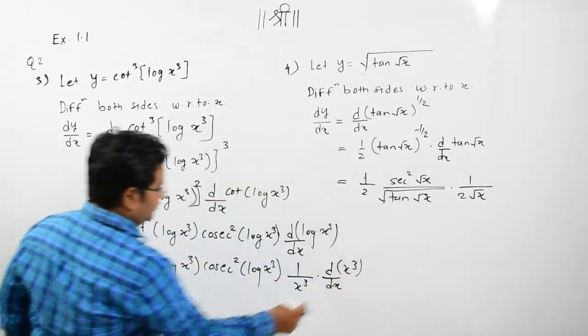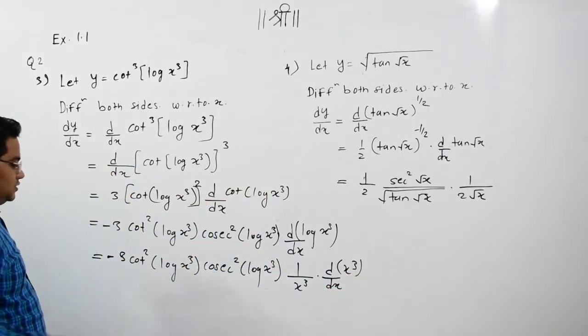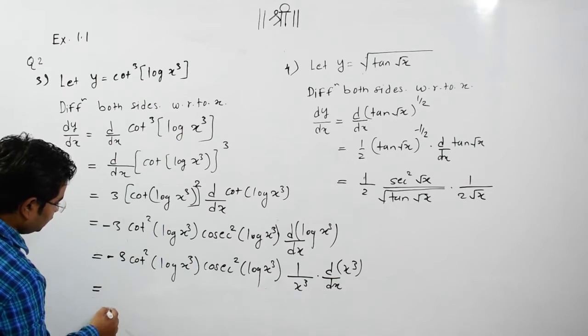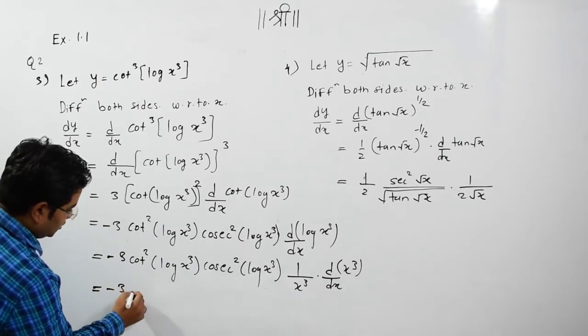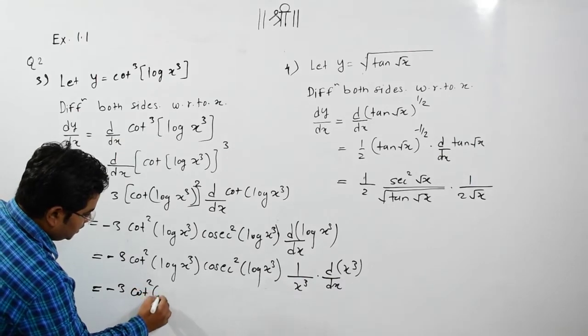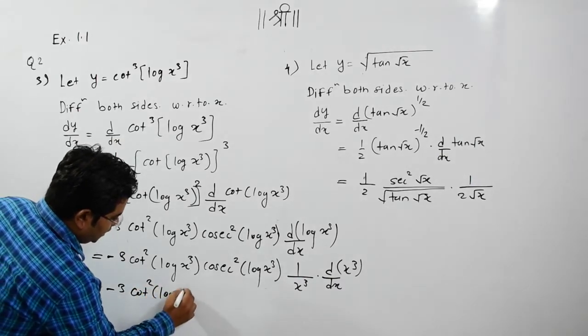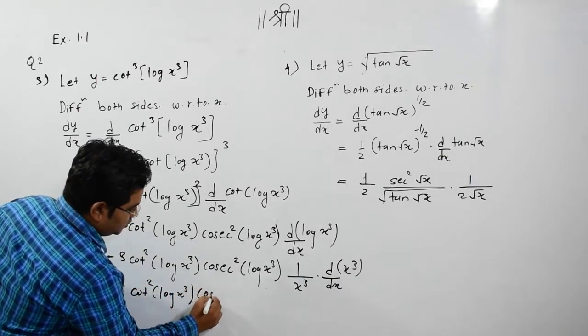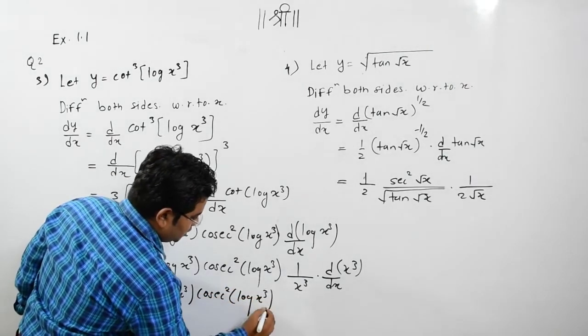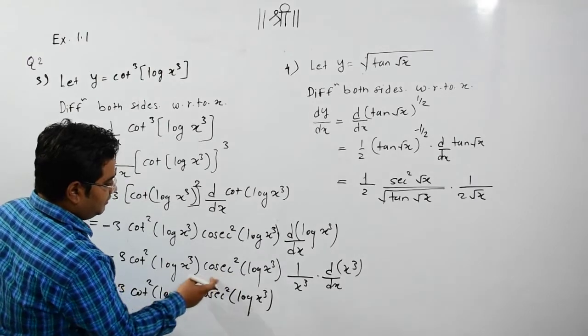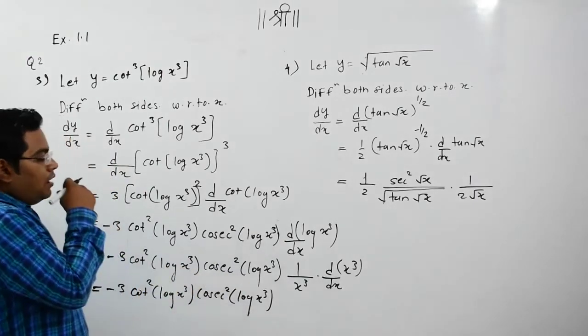Again we need to differentiate that. So once we differentiate it, we get minus 3 cot square log of x cube into cosec square log of x cube. I am not using any identity for this bracket.